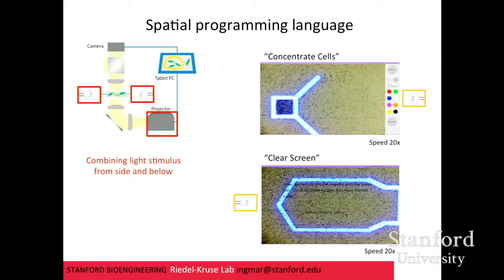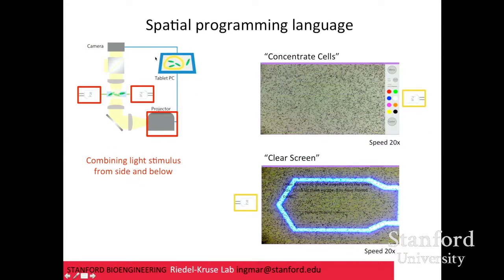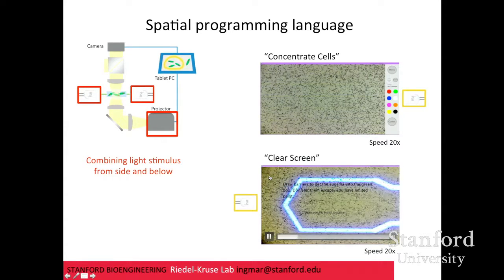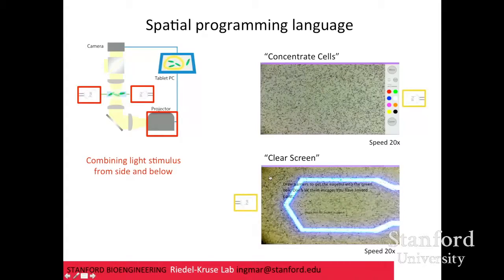You can do another command like this, which is kind of clear screen. So you basically do the inverse thing, right? Shine the light from here and get rid of all the cells that are in there.